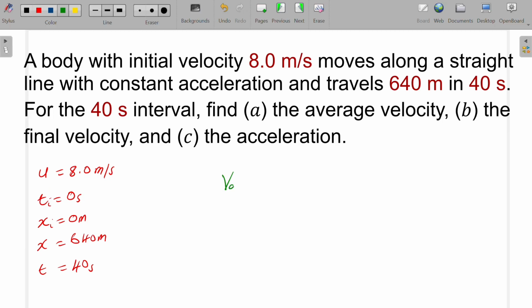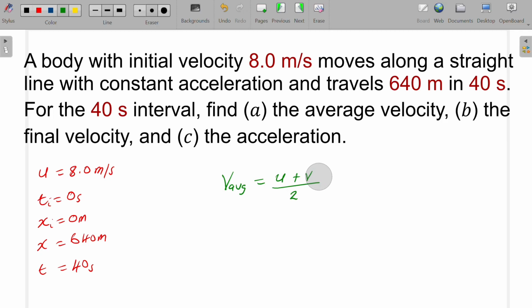We get it from the formula that says average velocity is equal to the initial velocity added to the final velocity divided by 2. In this formula, V represents final velocity, U represents initial velocity, and V average represents the average velocity.